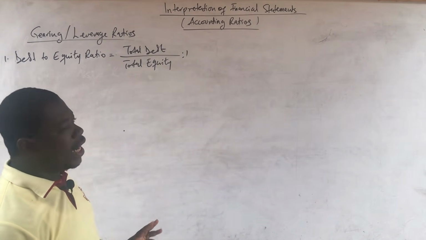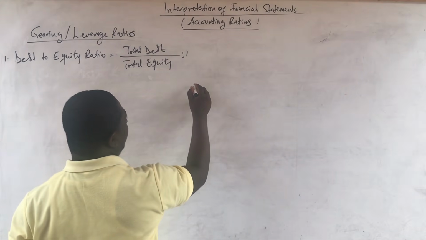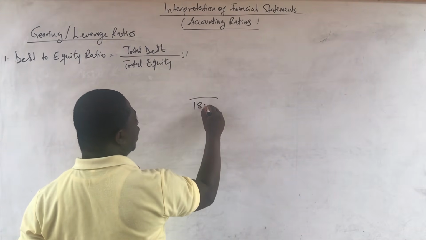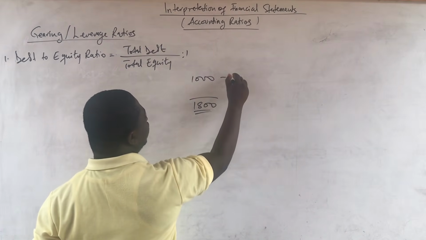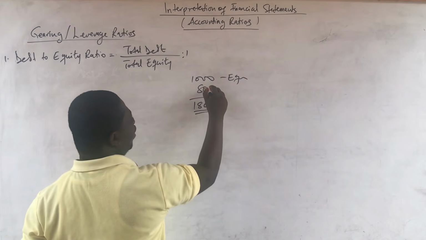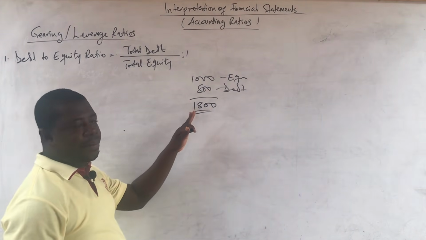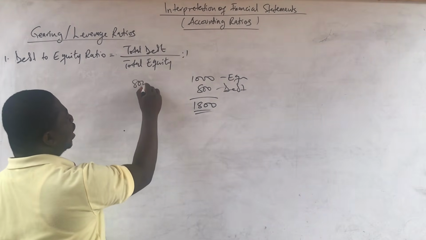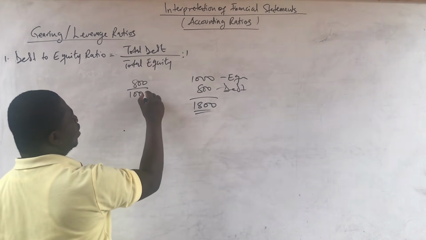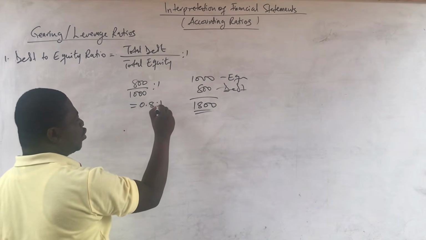And so let's assume that you have a total capital of $1,800, of which 1,000 is equity and then 800 is debt. Now when this happens, this ratio is going to be 800 over 1,000 is to 1, and that is going to give us 0.8 is to 1.